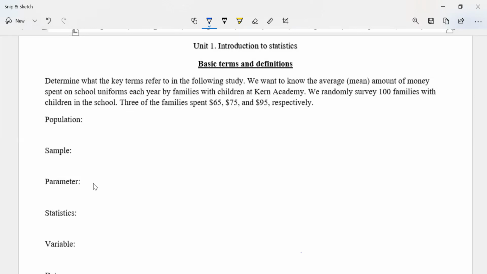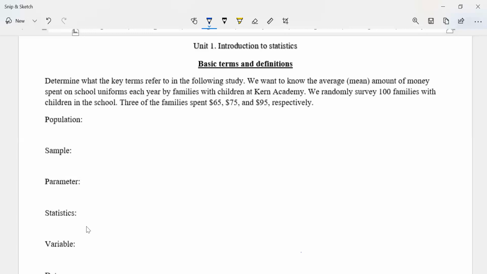So I will say my parameter will be the amount of money spent on school uniforms each year by families with children at Kern Academy. Now, notice that my parameter is describing the population. It is not describing my sample, right? What do I want to study? I have a population, but I cannot survey the whole population, so I survey a sample. But my parameter is basically describing my population.